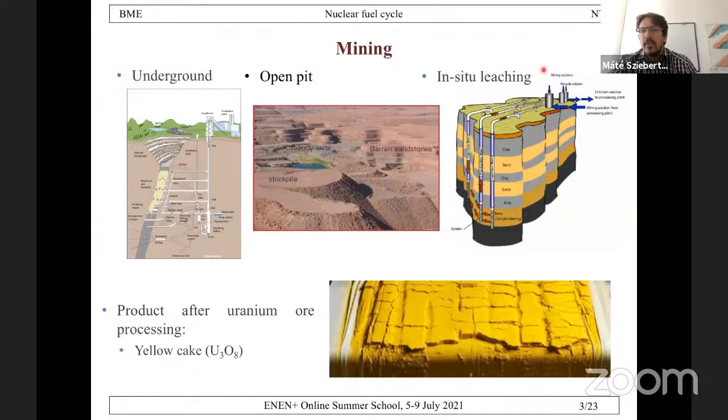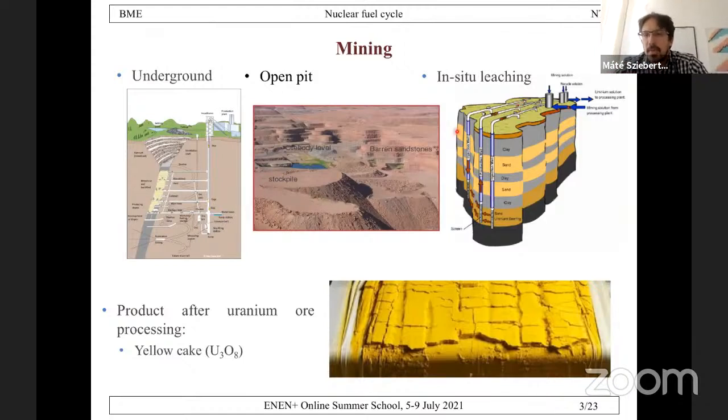But which is very important nowadays is the so-called in-situ leaching technology, when you pump a solvent into the layer where you have the uranium ore, and practically leach, so dissolve the uranium ore from there and transfer it as a liquid up to the surface and produce the processed uranium in this way.